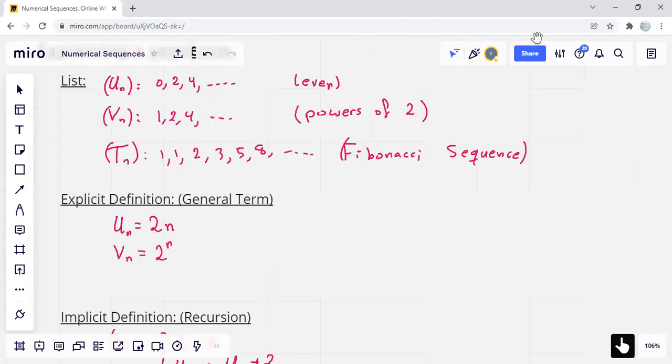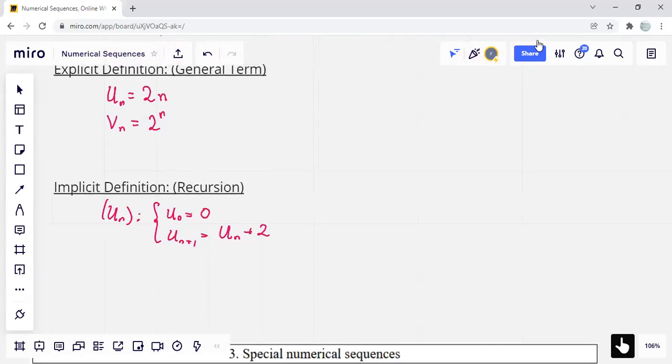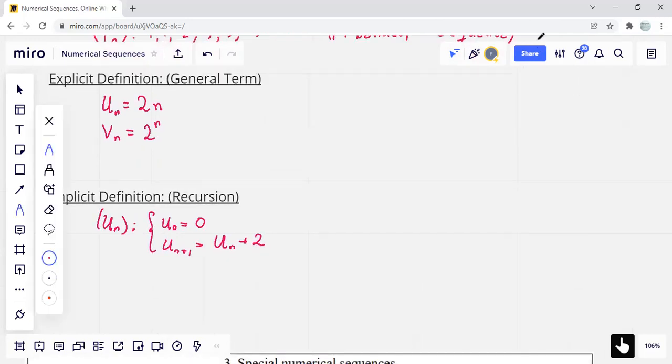So 0, 2, 4. The first term is 0, and the second term is u0 plus 2, which is 2. The term after it will be 2 plus 2, which is 4, and so on. And now V_n. To find V_n, the first term was 1, because 2 to the power 0 is 1.